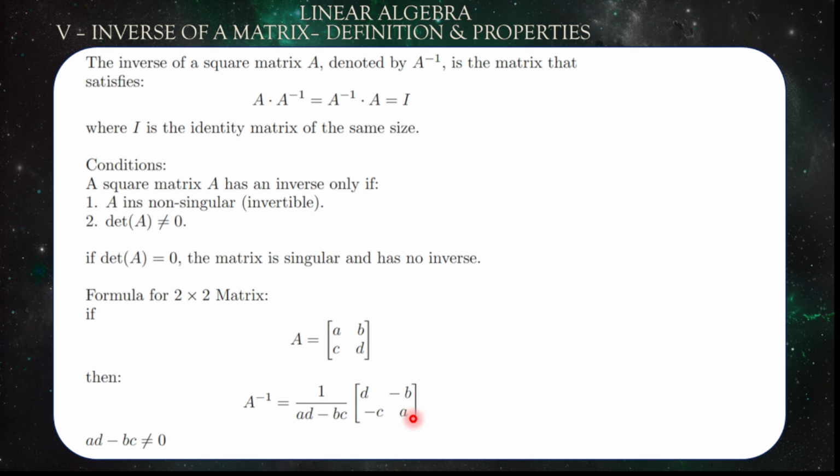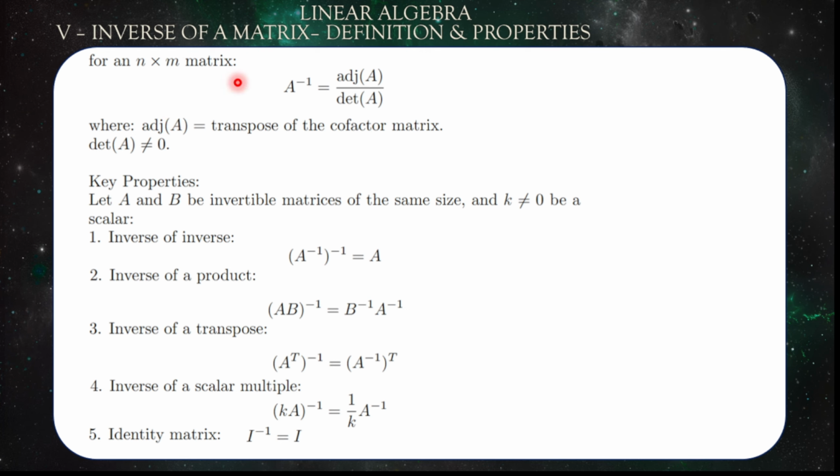As for b and c, they don't change position, but they are multiplied by a negative sign; we invert their signs. Since we are dividing by the determinant, it is important to have ad minus bc different than 0. Otherwise, you cannot divide by 0. This entire thing would blow up to infinity, and it's not defined among the real numbers.